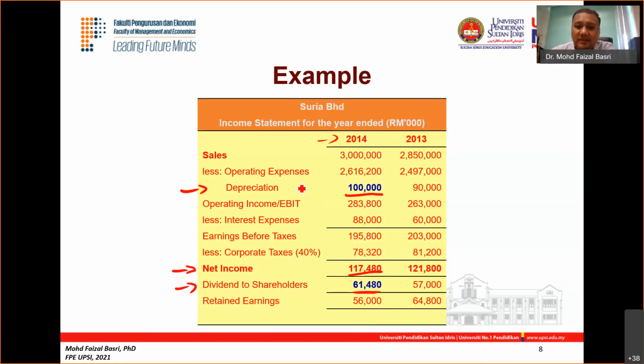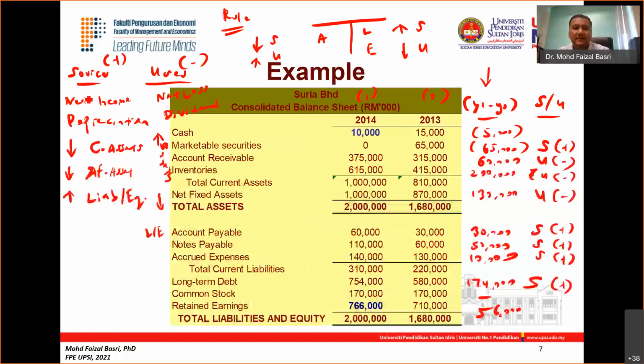Remember, depreciation will be sources, meaning we add. Net income will be sources, we're gonna add. And dividend will be uses. We're gonna minus it. All right, and this rule is gonna be fixed. Okay, net income is always sources, depreciation always sources, dividend always uses. Hence this label I already labeled here.